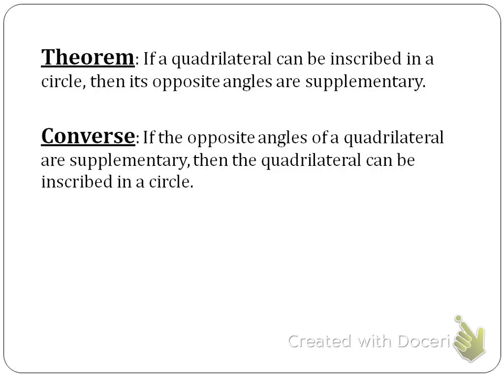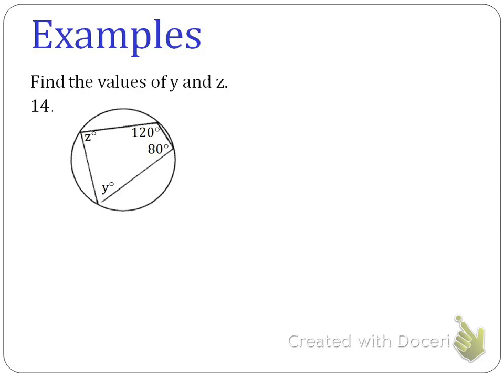Now we're going to switch to quadrilaterals being inscribed. So if you see a quadrilateral inside a circle, its opposite angles are supplementary. And vice versa, if you see opposite angles of a quadrilateral that's inscribed in a circle, and you see that those opposite angles are supplementary, then the quadrilateral is inscribed in a circle. So if we see the following picture, I notice that the quadrilateral is inside a circle, so opposite angles are supplementary.